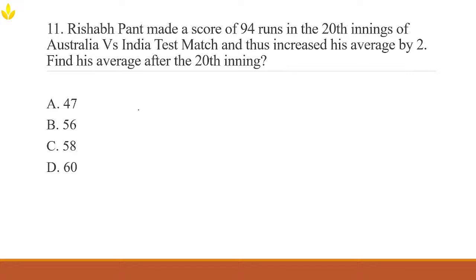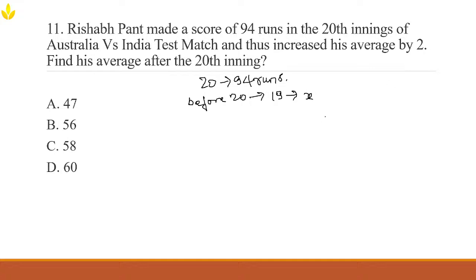So in the 20th innings, Rishabh Pant has made the score of 94 runs. Before the 20th innings, that is for 19 innings, assume the average is x.